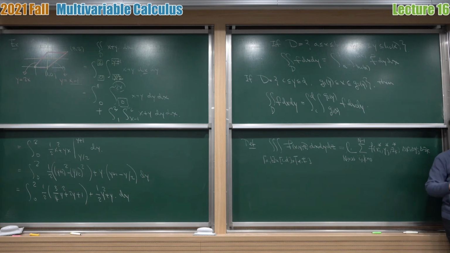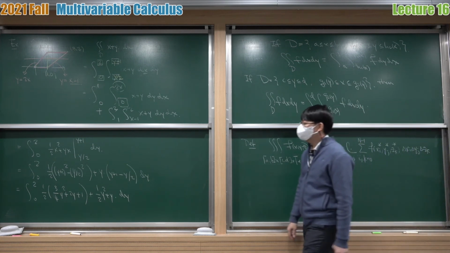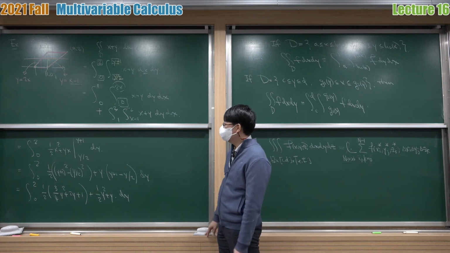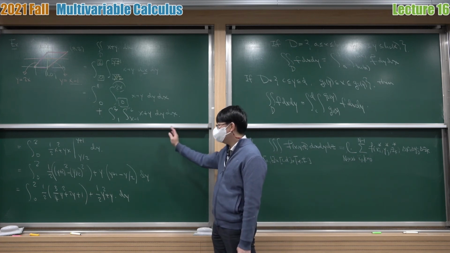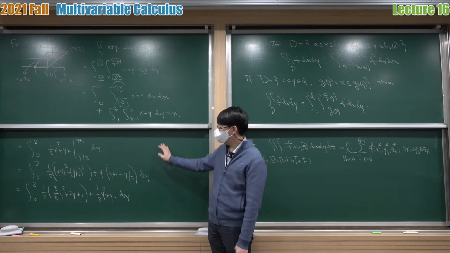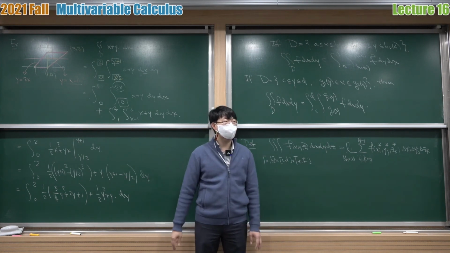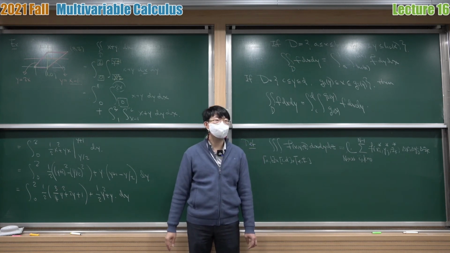So we have discussed the double integral so far. If you cannot answer what it means, what's the point? My whole goal is not just to calculate. If you can't calculate these things and don't know the meaning, that's pointless.